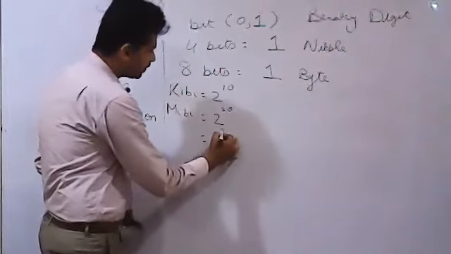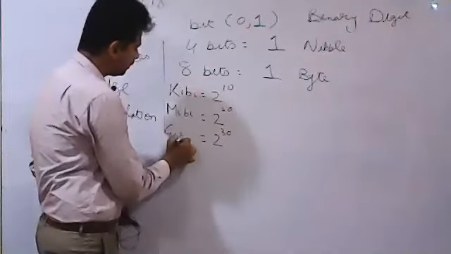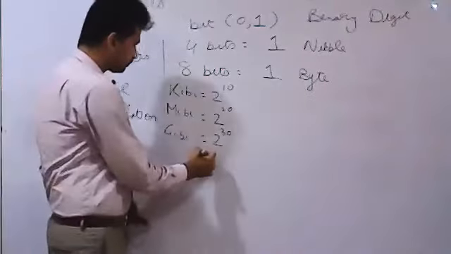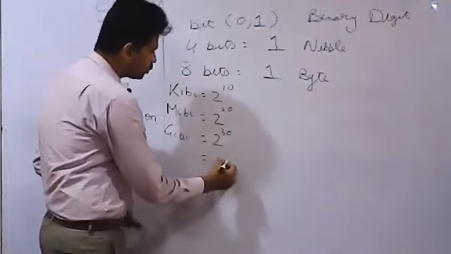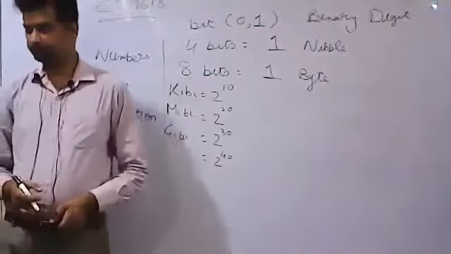The prefix of 2 raised to power 30 would be called a GB, and 2 raised to power 40 would be a TB.